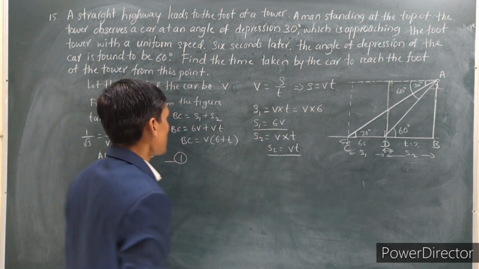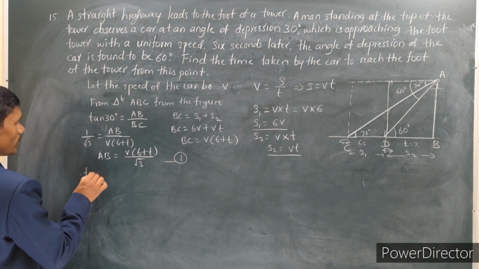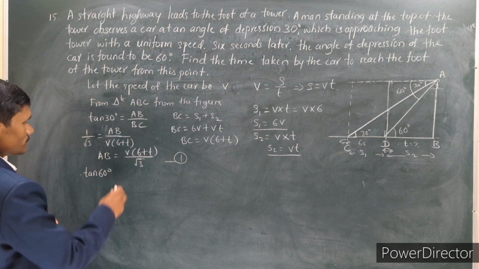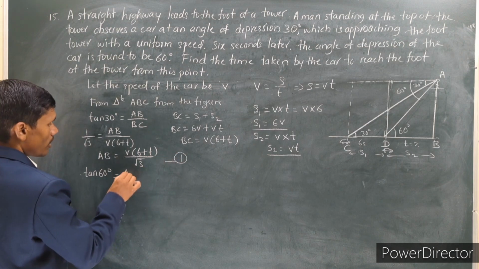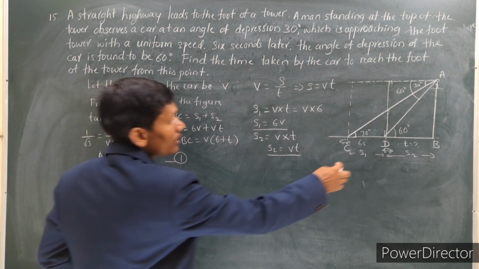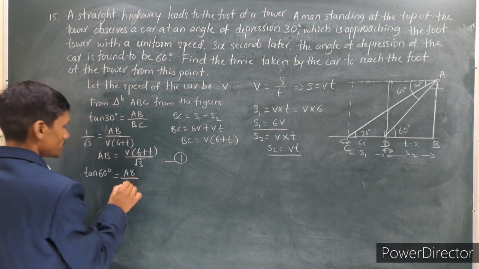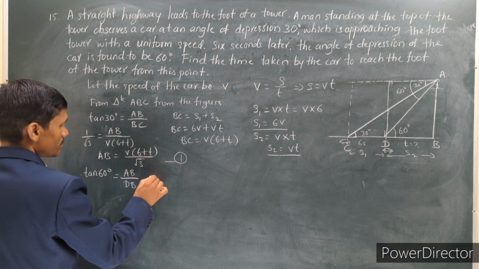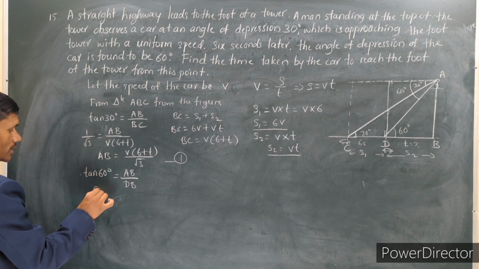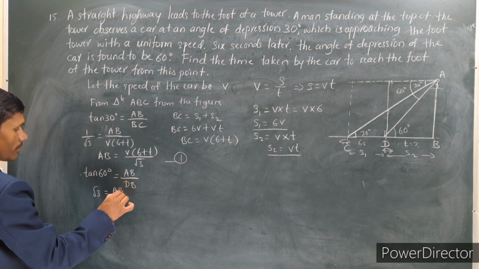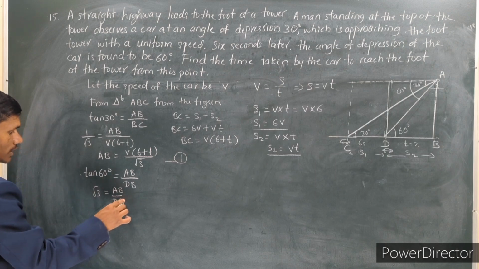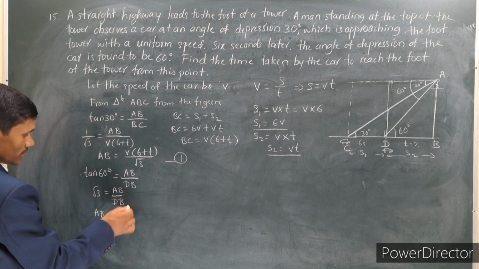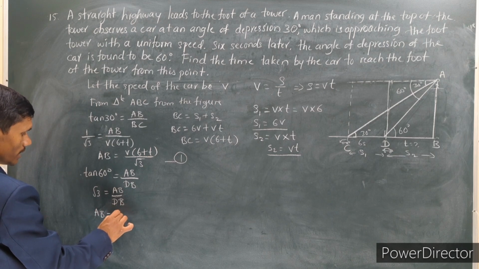Similarly, now take tan 60. Tan 60 is AB upon DB. Only DB we need to take. So tan 60, which is root 3, is equal to AB upon DB. Bringing DB to the other side, AB is equal to root 3 into DB.